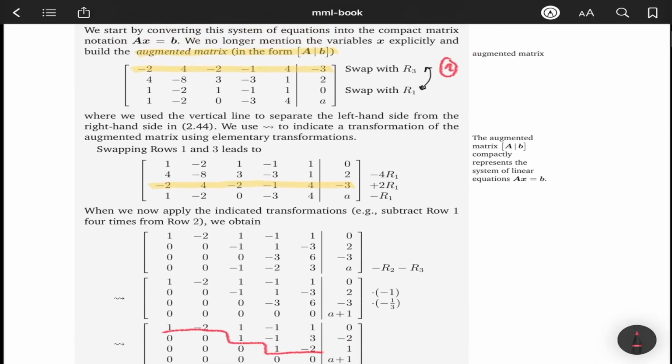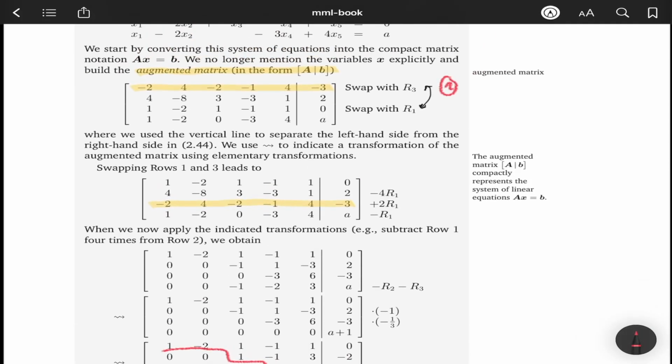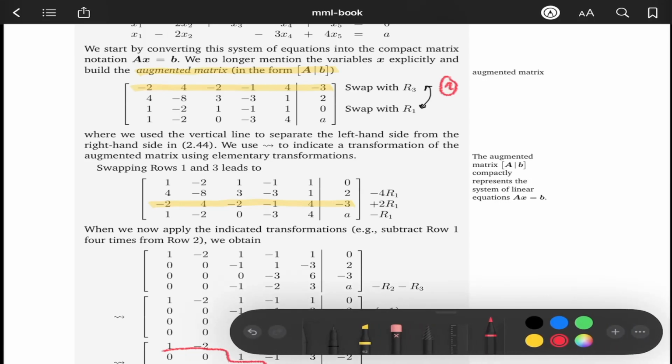Okay, so the second step now is they do addition. They add to the second row minus 4 R1, and to the third row plus 2 R1, and to the fourth row minus R1.